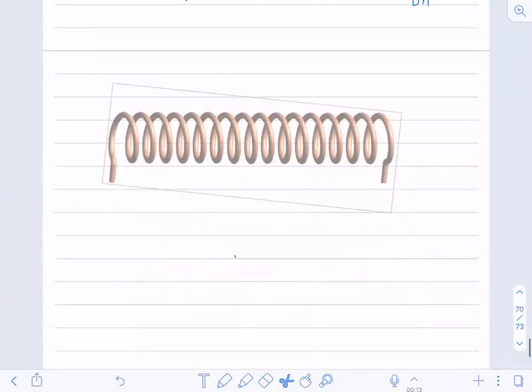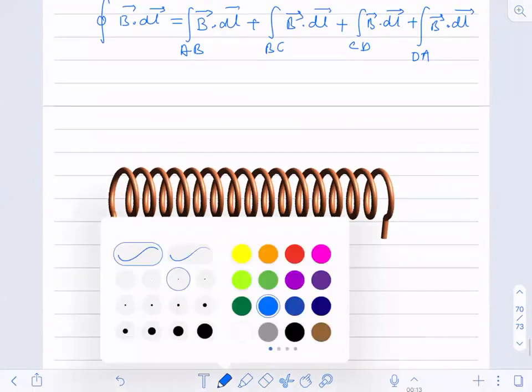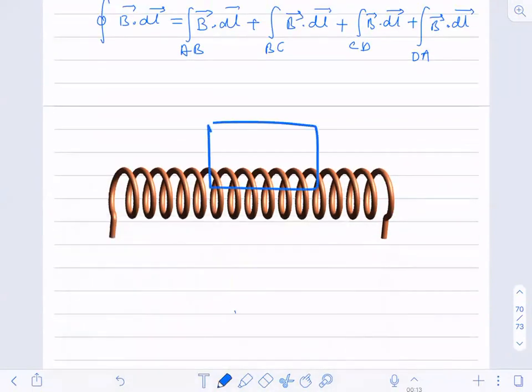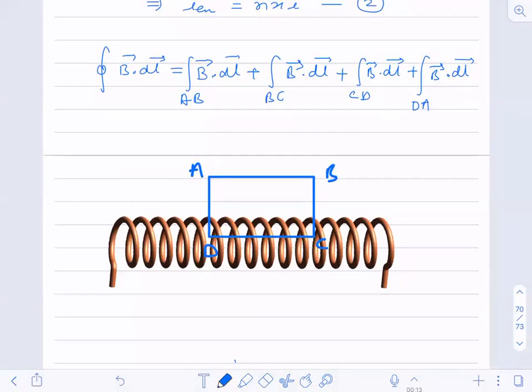How did we consider our loop? Our loop was like this. This is A, B, C, and D. If you check for AB, we are assuming that the direction of the magnetic field is like this. What is the direction of the dl vector along AB? So the AB dl vector is like this. So what is the angle between this B vector and the dl vector for AB?